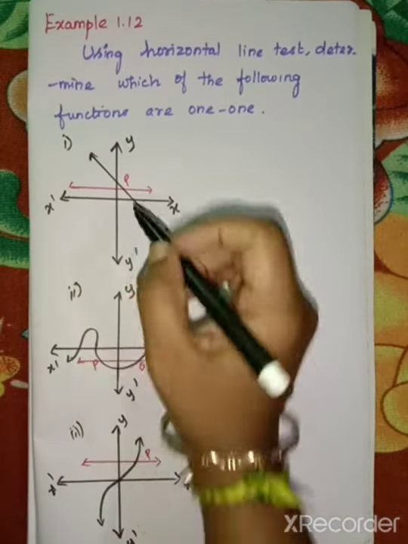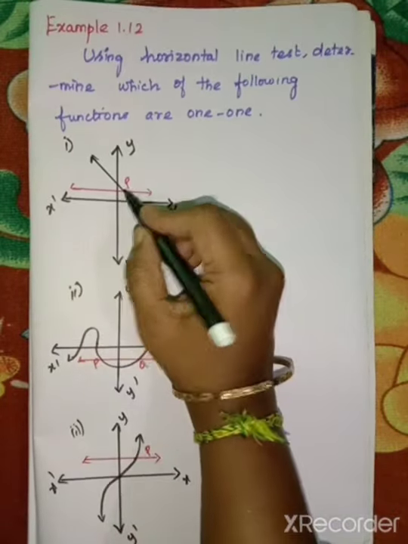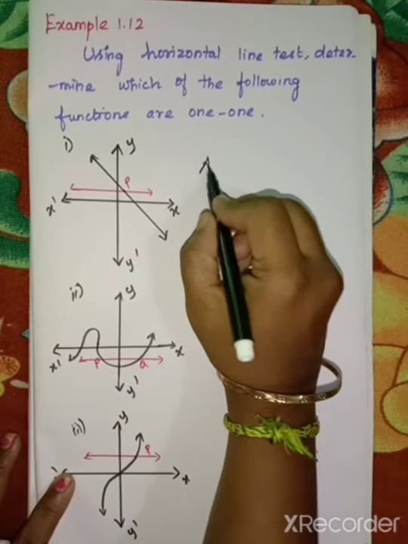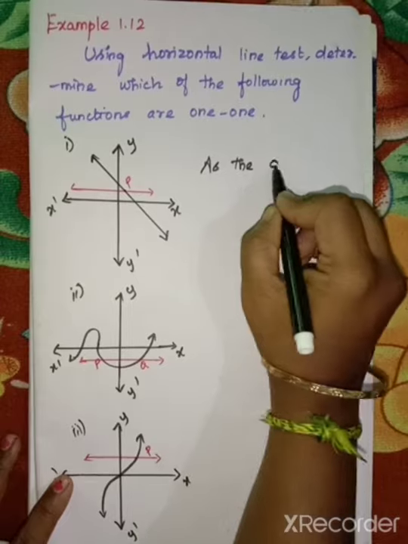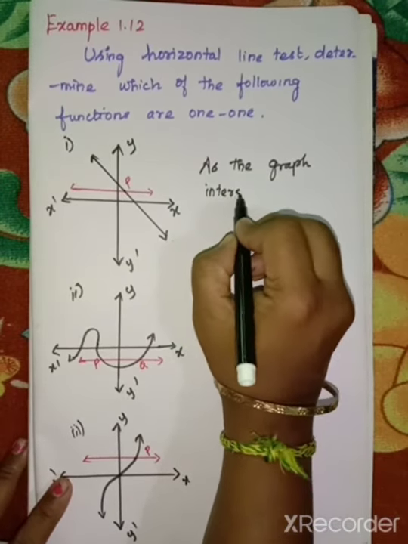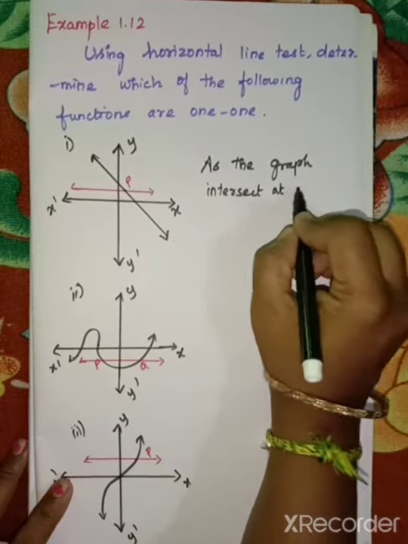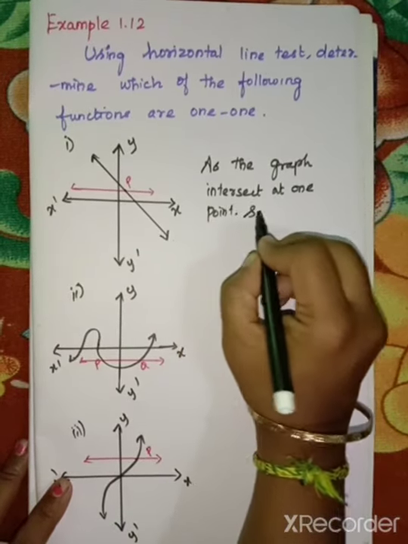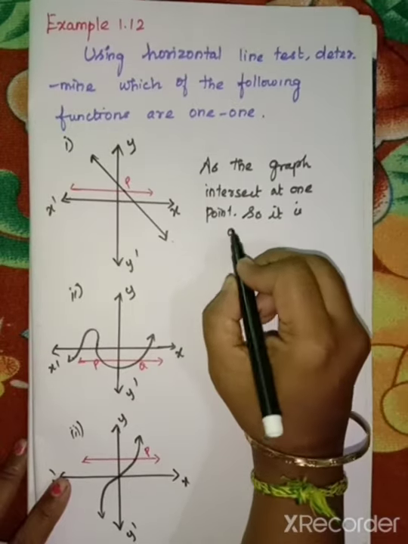The curve touches at only one point. If it touches at most one point, it is a 1 to 1 function. So you have to write, the graph intersects at one point, so it is 1 to 1.